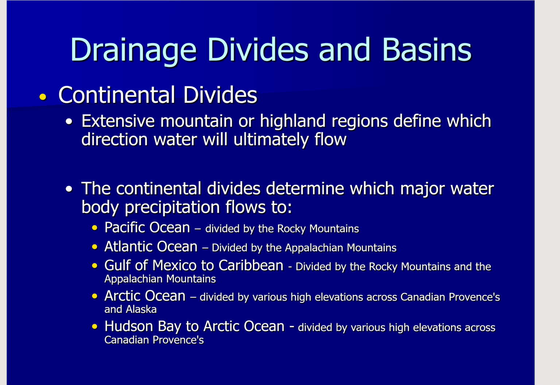So we think about these in terms of which rivers empty out into the Pacific Ocean, which rivers empty out into the Gulf of Mexico, which rivers empty out into the Atlantic Ocean, and which rivers empty out into the Hudson's Bay and the Arctic Ocean. So we can then trace all those rivers back upland.